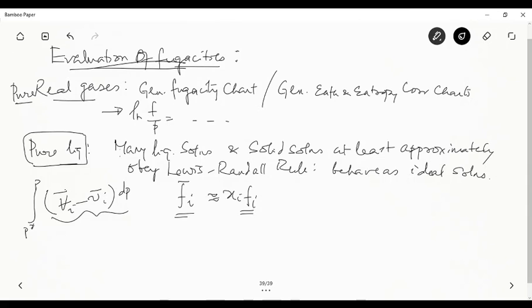So that is one. The next one is that at any given state, actually this can be obtained for a pure substance. RT d log f for a pure substance is equal to V dP, which is something that is known, and for a pure substance, this can be integrated from a reference state to the current state.